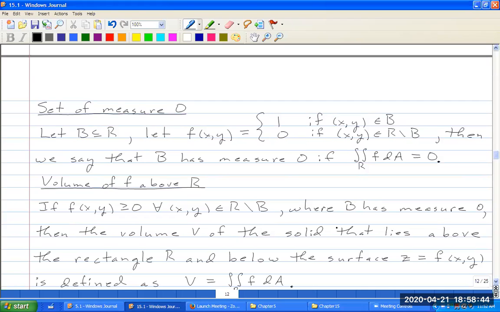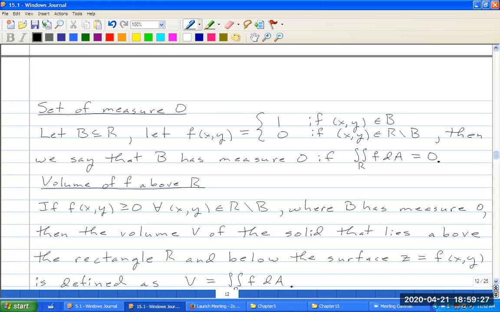A set of measure 0. Let B be some subset of R. Let f of x, y equal 1 if x, y is in B, and let it be 0 if x, y is not in B. Then we say that B has measure 0 if this number that we just defined above, its integral, is equal to 0.